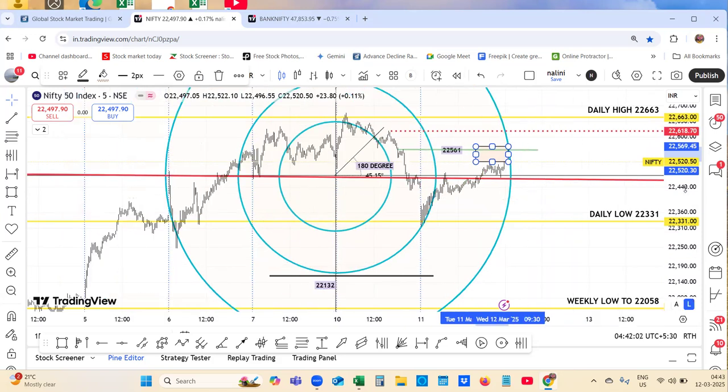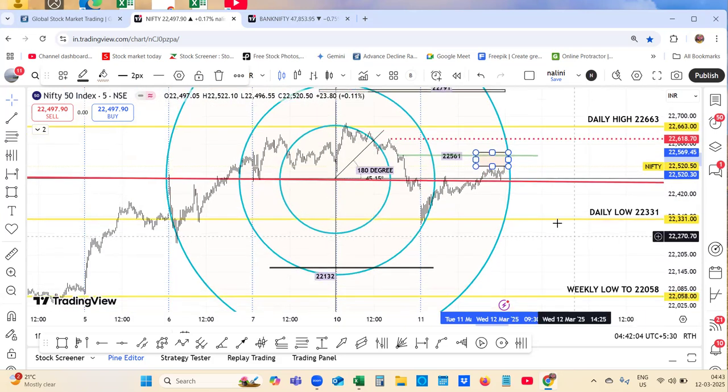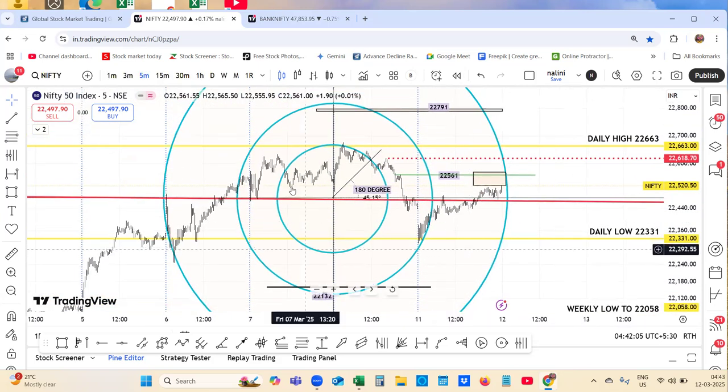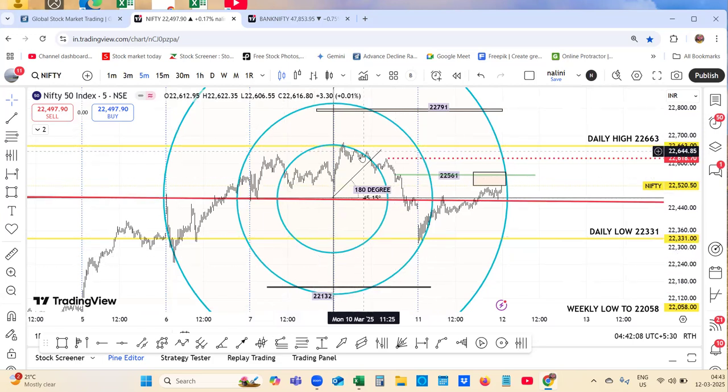Otherwise, if it starts expanding above this area, it can reach the level of 22,663. See, everybody is asking me why you are drawing circles. Circle, it is time cycle, that's it. The time moves with circle, and that's why we are calculating the angles and all. It doesn't move in a straight line, and angles are seen. This is 180 degree.